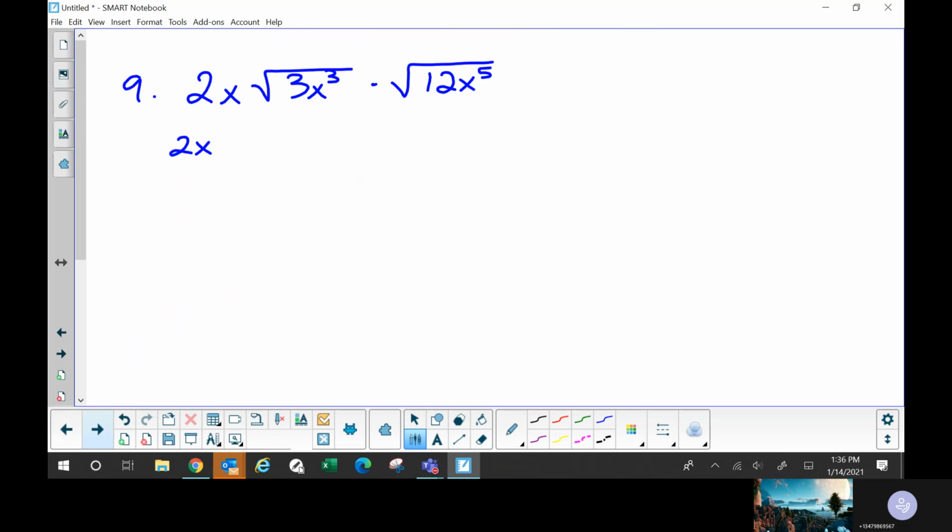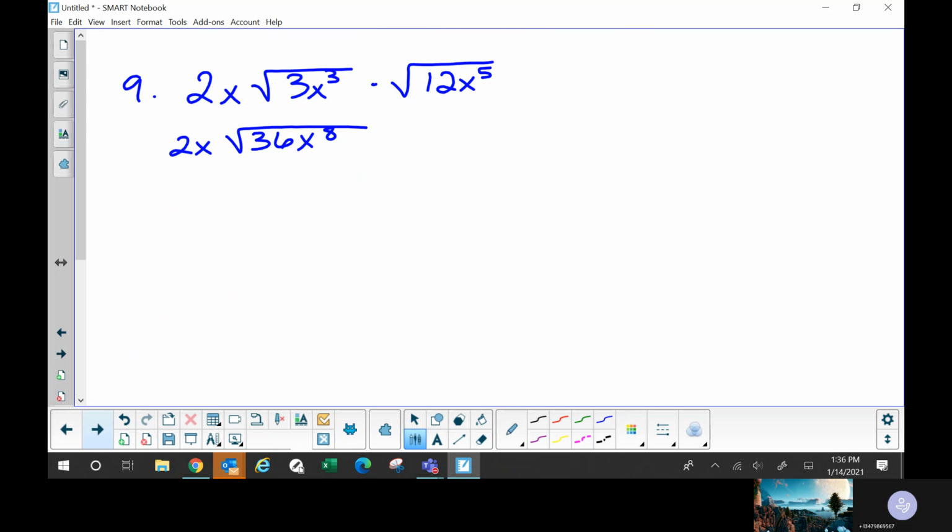Okay, what is 3 times 12? 36. And then x to the third power times x to the fifth power. You're just going to add those exponents, 3 and 5. So that's going to give you x to the 8th power. Okay.